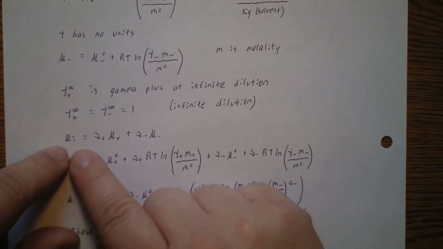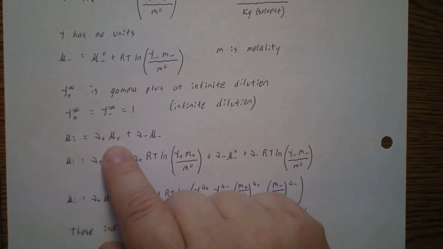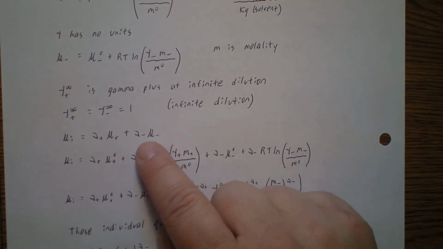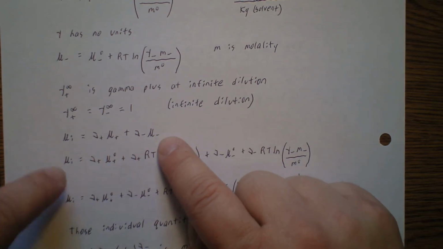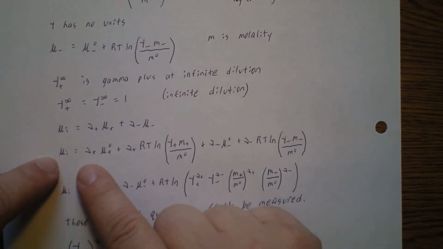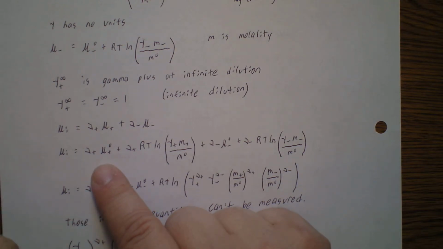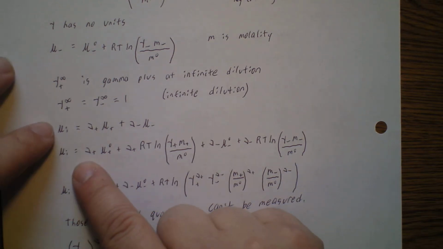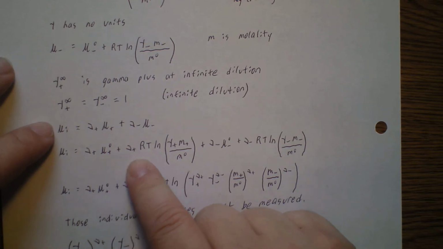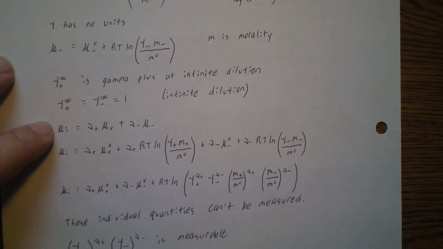Then the chemical potential of I is going to be equal to nu plus times the chemical potential of the cation plus nu minus times the chemical potential of the anion. So the chemical potential of I is going to be equal to the standard chemical potential of I plus nu RT ln of gamma times molality divided by standard molality.